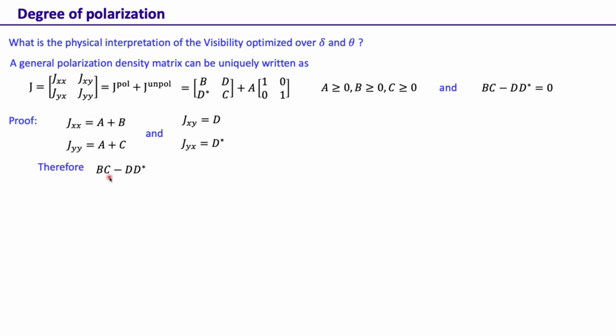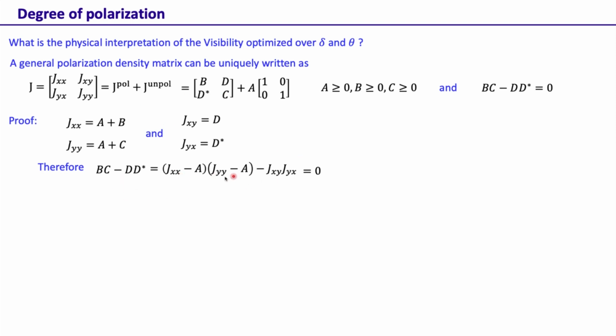So BC minus DD star, which we know is equal to 0, we can write like this, where B is Jxx minus A, C is Jyy minus A, and DD star is Jxy Jyx. Of course this is equal to 0, because that's the form that we have assumed.